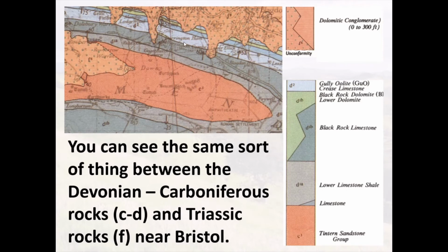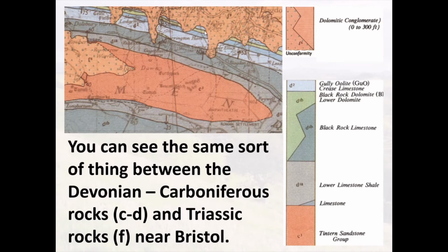But then on top of that Devonian and Carboniferous strata we have an angular unconformity, on top of which these horizontally bedded Triassic rocks have been deposited, and you can follow the contacts in the Carboniferous rocks all the way up to that contact with the Triassic where they get cut off.